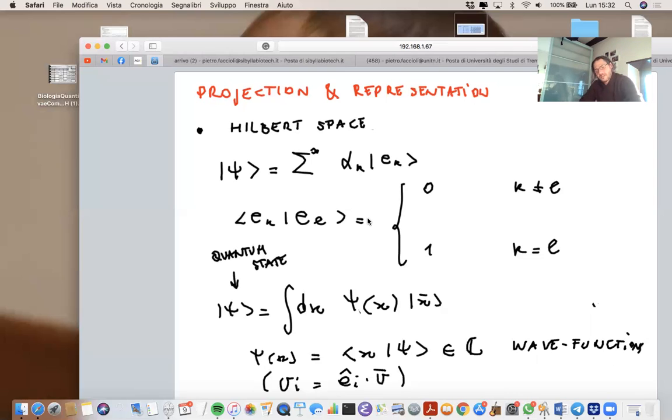It lives in the abstract. And this is the complex function of x. And this is my basis.